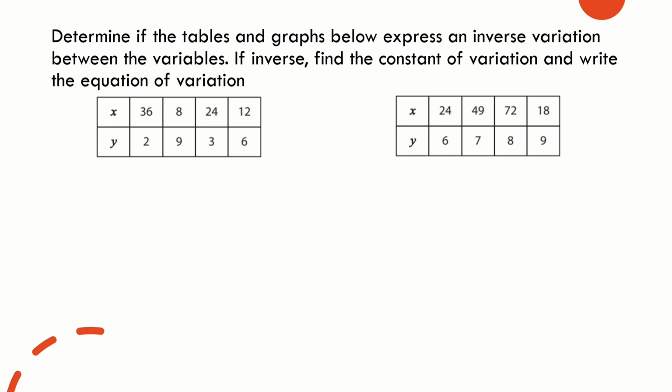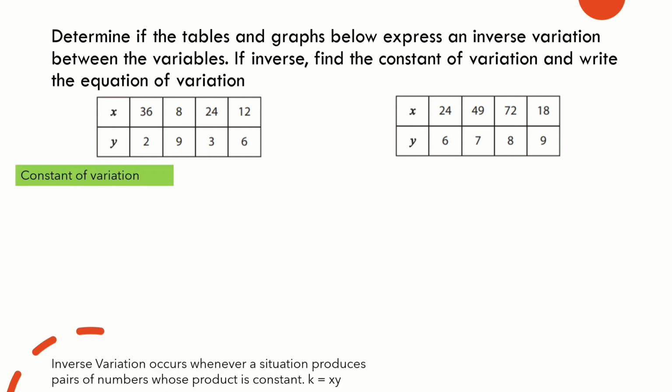Let's now try to determine if the tables and graphs below express an inverse variation between the variables. If inverse, find the constant of variation and write the equation of variation. In our table number 1, let's first figure out the constant of variation. Take note that to find the constant of variation, it must produce pairs of numbers whose product is constant, or simply k is equal to x times y.